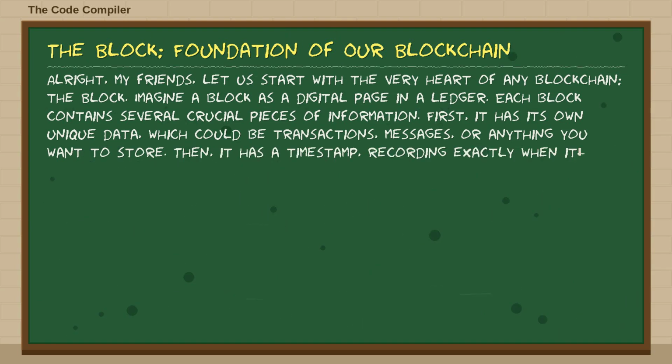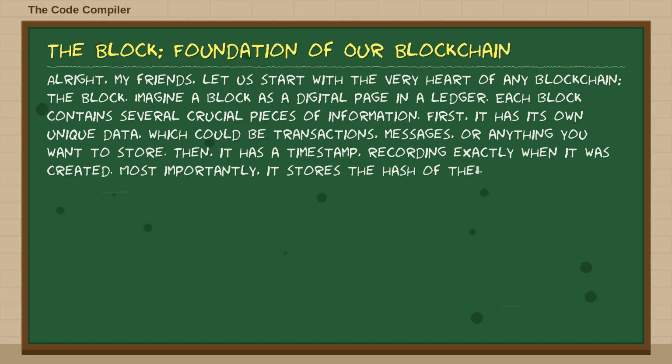Then, it has a timestamp, recording exactly when it was created. Most importantly, it stores the hash of the previous block, creating that crucial link in our chain. And finally, it has its own unique hash, calculated from all its contents.